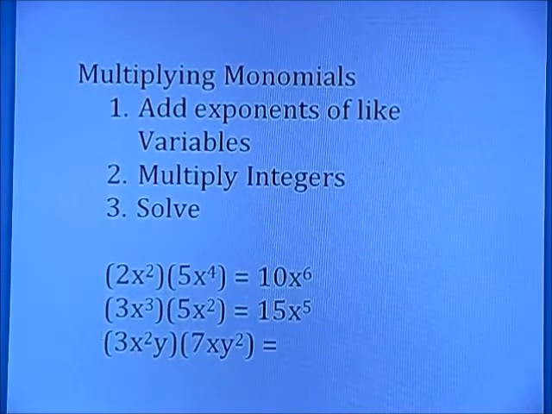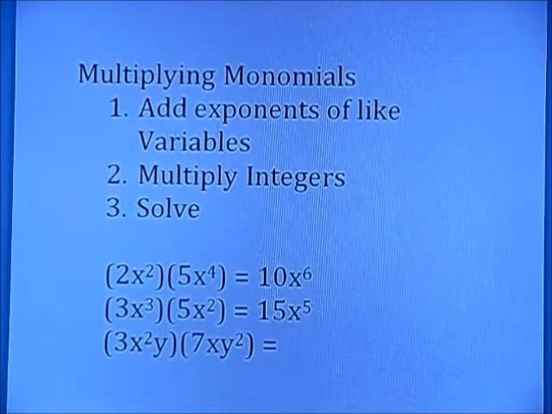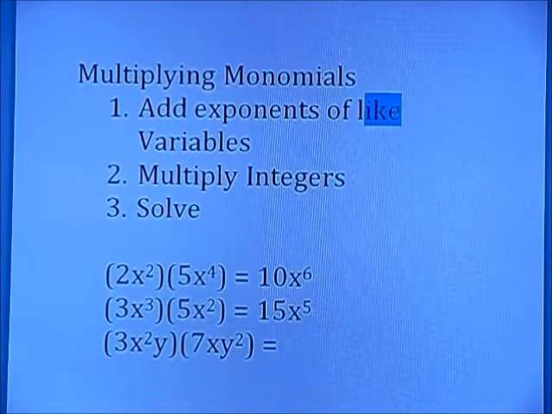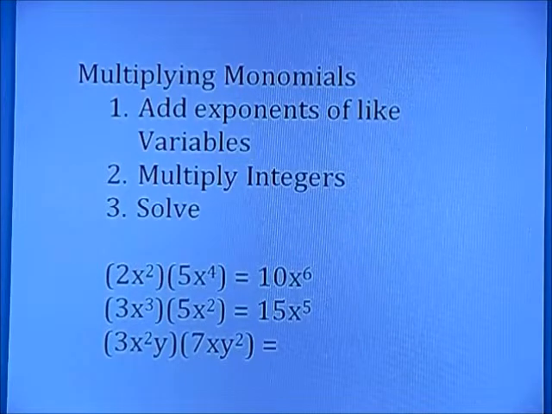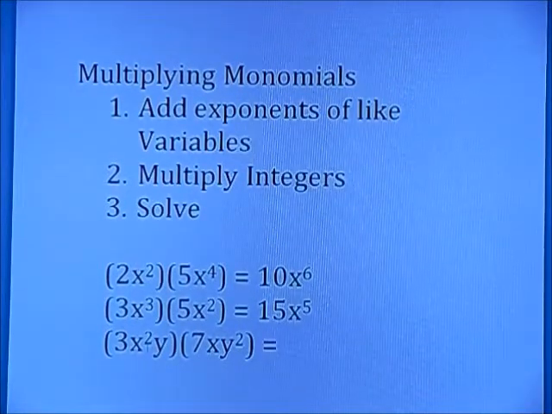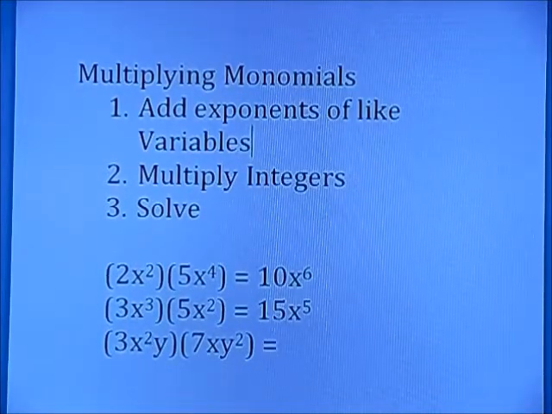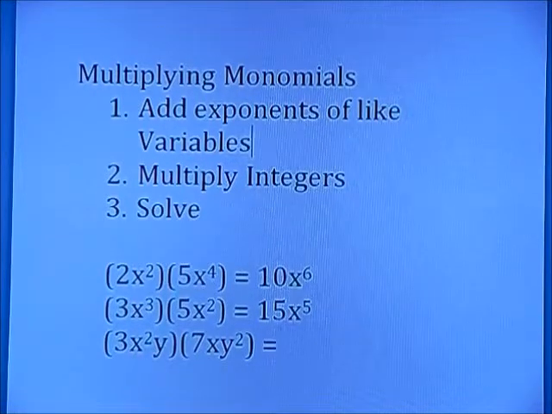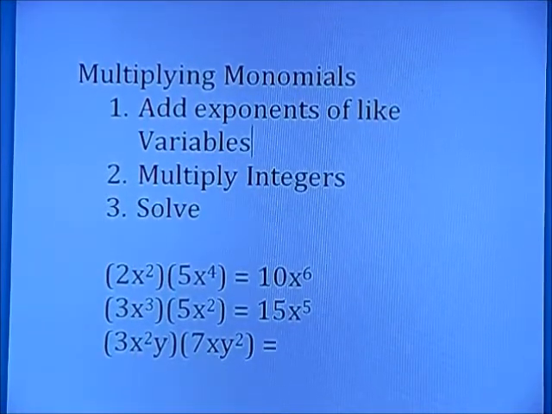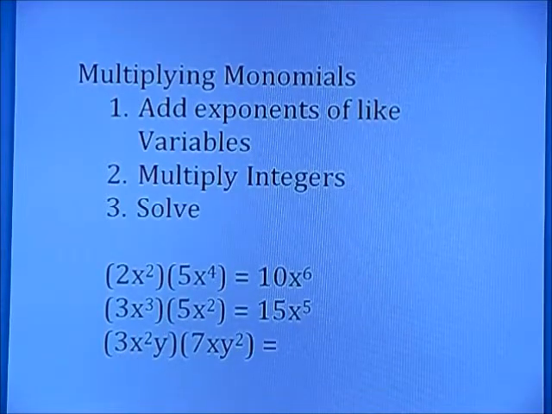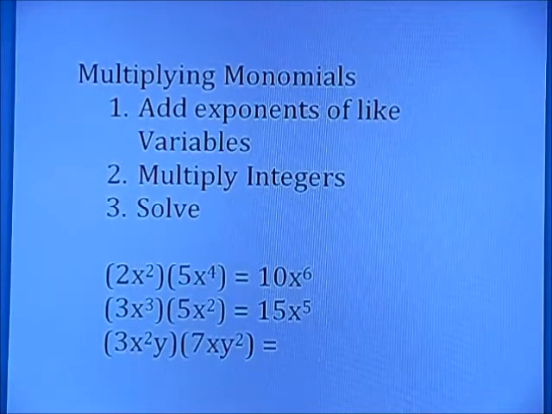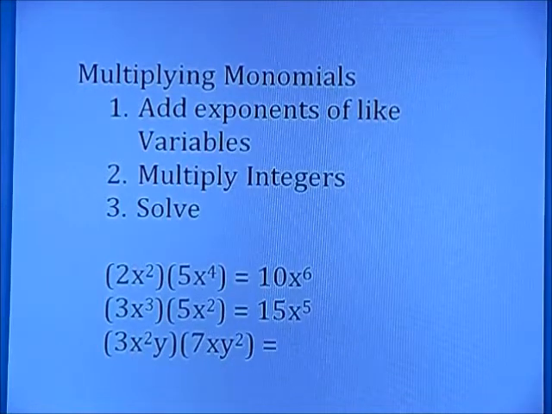It is possible. What are our like variables? Remember, add exponents of like variables, x and y. So x squared, and y, which has no written exponent, but the exponent is really 1. Just remember that.